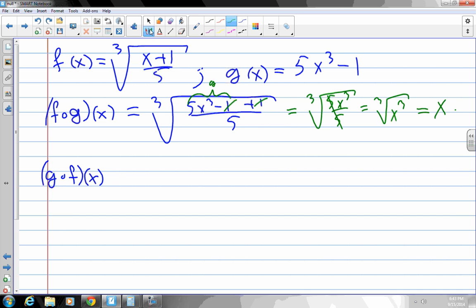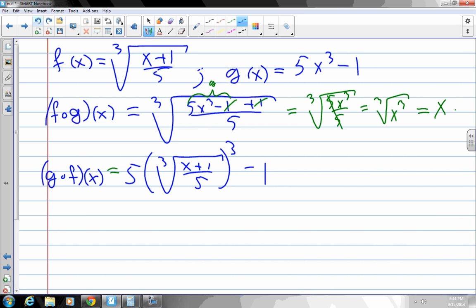So yeah, x, good. If we go the other way, it is 5 times the cube root of x plus 1 over 5, cubed, minus 1.